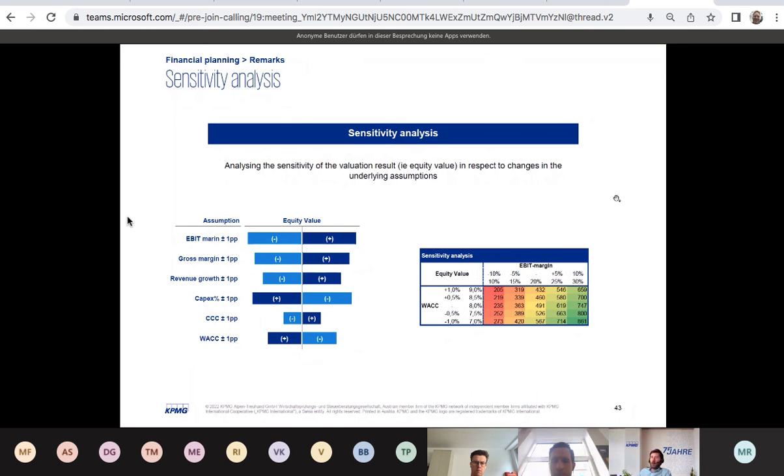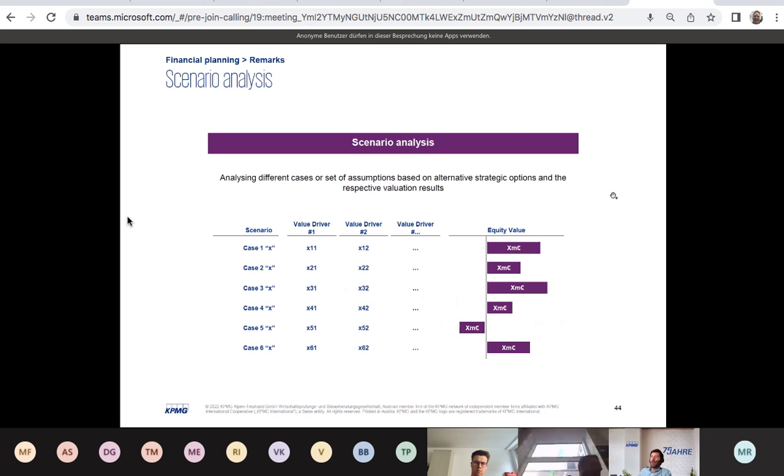And what you could also do, if you don't want to do a sensitivity analysis, is you could really develop different scenarios. And scenario analysis became somewhat popular during times of crisis, for example, or also during the COVID-19 pandemic.